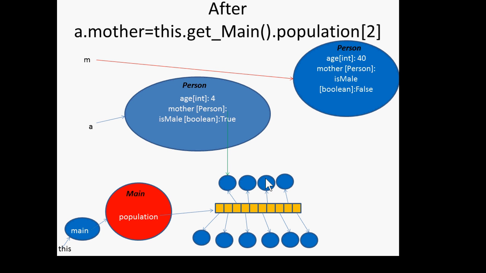Oh, no. As long as you have any reference to them, like, remember today we introduced a mother field in each person. They referred to their mother. As long as somebody in the population refers to them, as long as there's some reference to them, their information will be maintained.